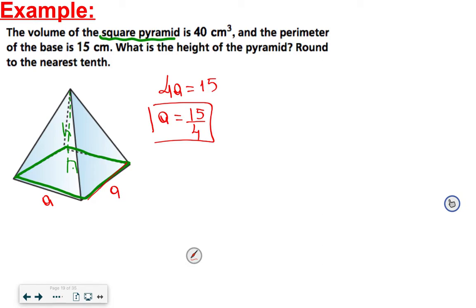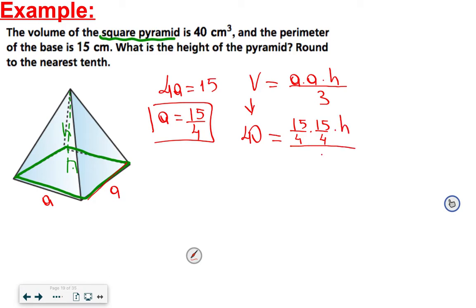I found the length of one of the sides. Now we need to find the volume. What was the volume of the pyramid? The base area, which means A times A times height over 3. Is the volume given to you? Yes. This is 40 cubic centimeters, which is equal to 15 over 4 times 15 over 4 times h over 3.